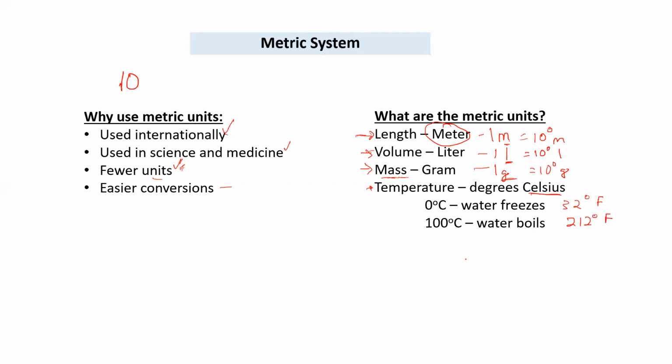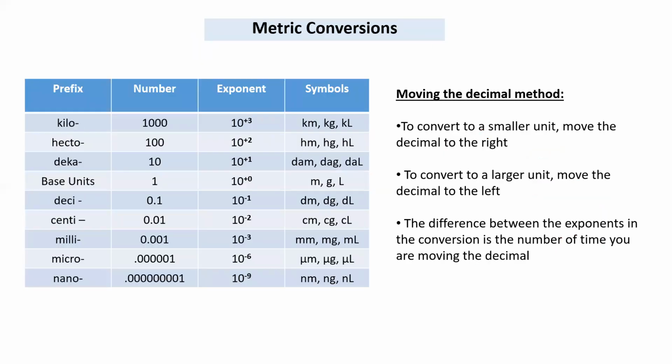Body temp in Celsius, I think it's like 37 degrees Celsius, and in Fahrenheit it's around 98.6. So it's about 36.6 degrees Celsius, I believe, and 98.6 degrees Fahrenheit. So that's an easy conversion, but it's good to know.